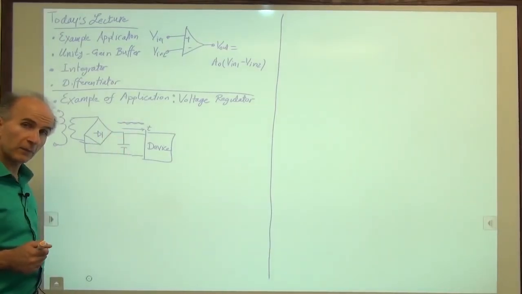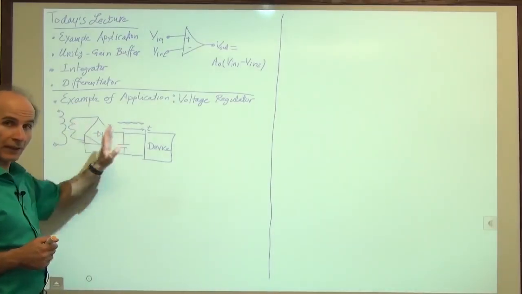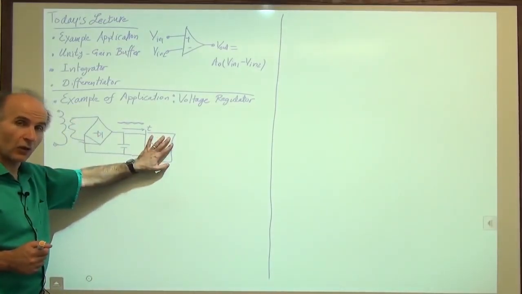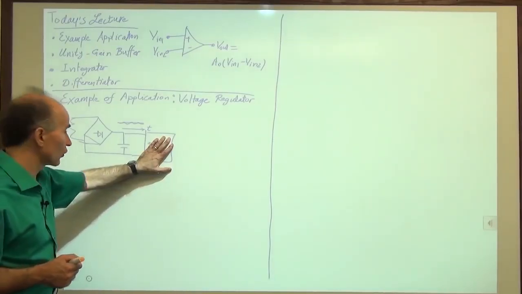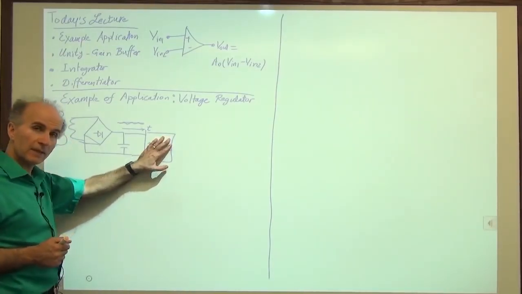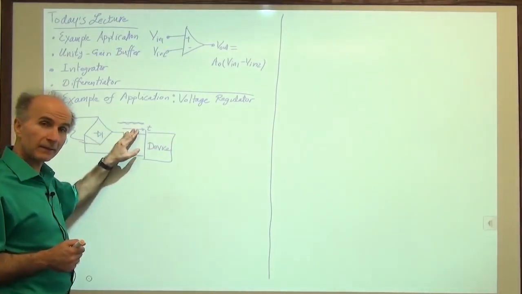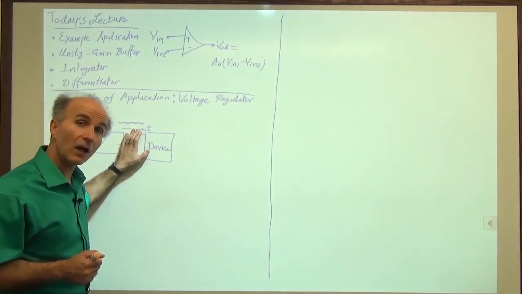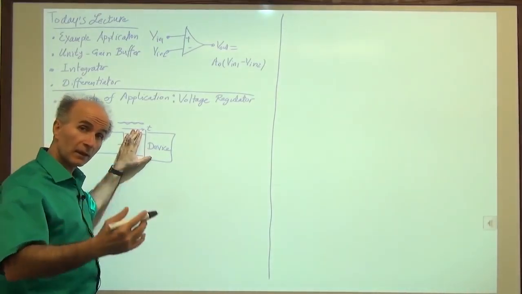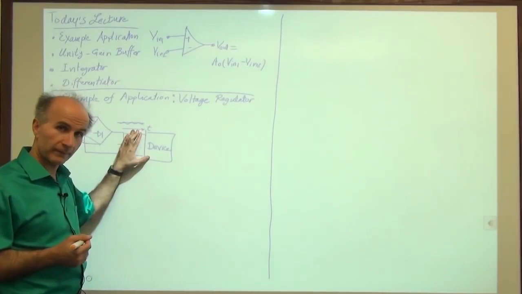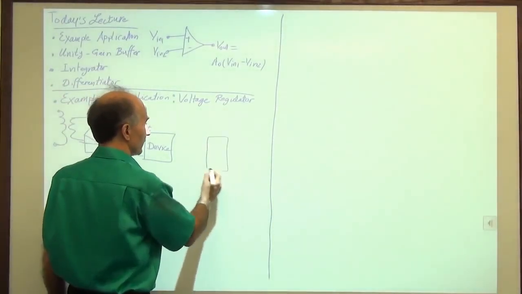So oftentimes we add something else between this circuitry and this sensitive device called a voltage regulator. And the job of a voltage regulator is to take a voltage that might vary to some extent, but produce a constant voltage from it, a very well regulated voltage.